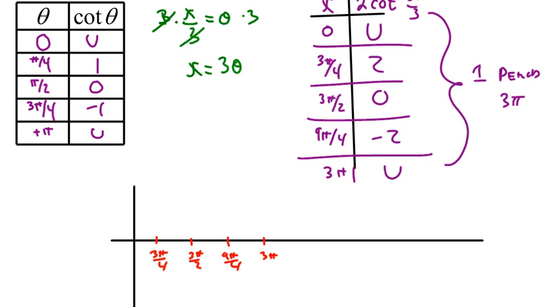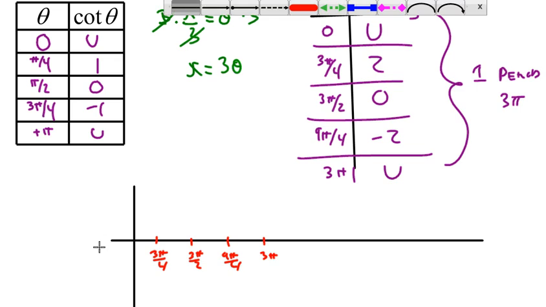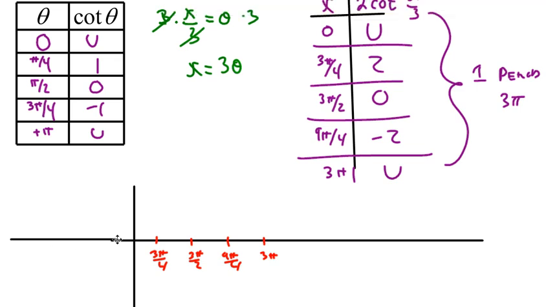Maybe I'll continue here to the left and basically duplicate these. So we'll have -3 pi over 4, -3 pi over 2, -9 pi over 4, and -3 pi.